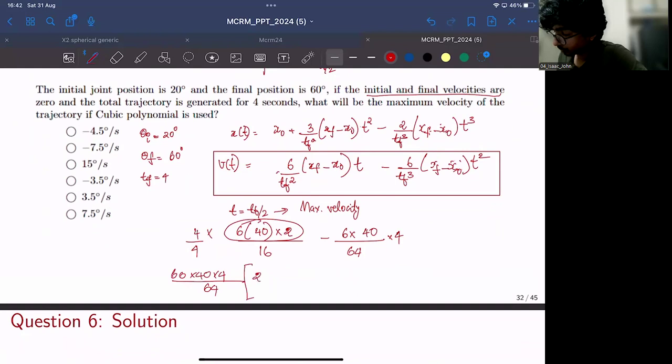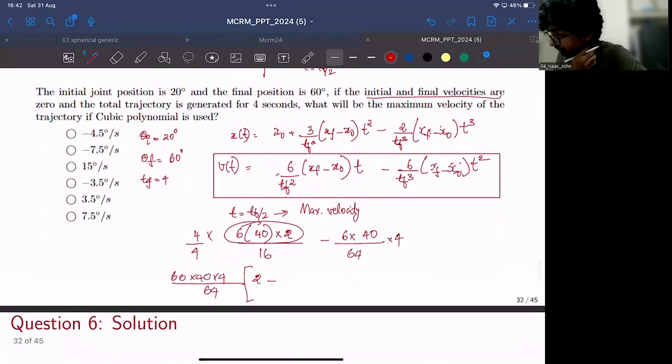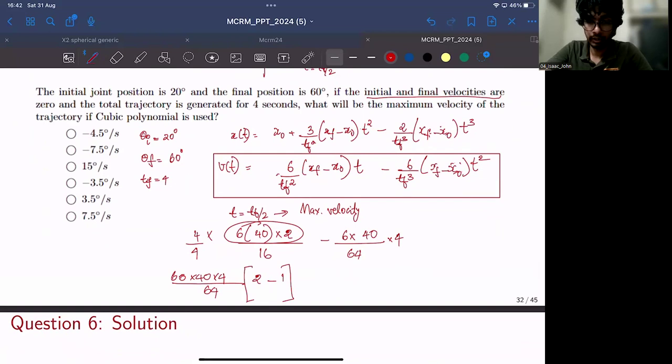So it will be like 2 minus 1, I guess. So what would be the correct answer? So let me check. 60 into 40 into 4 by 64.